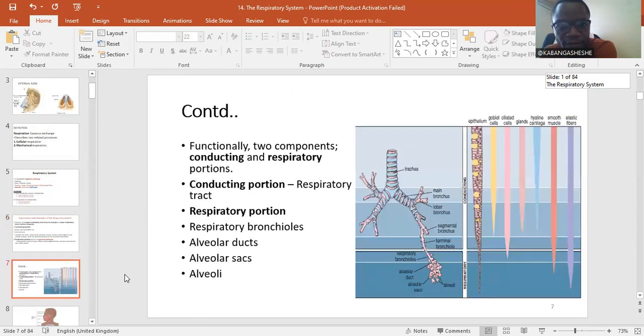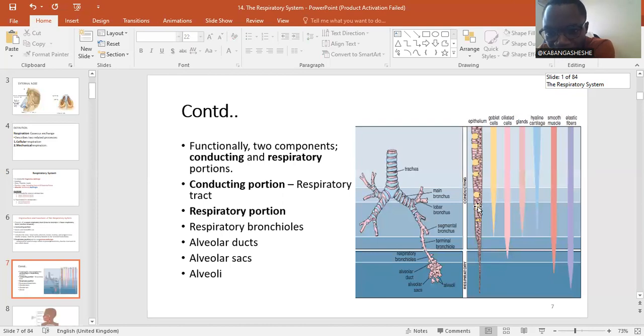Okay. So what I would want you to look at here is that as we are going down to the respiratory zone, we see that there are various changes, especially number one in the epithelium. As we are going towards the alveoli, we see that the cells are becoming shorter and shorter. They begin as tall cells, which we call pseudostratified columnar epithelium.